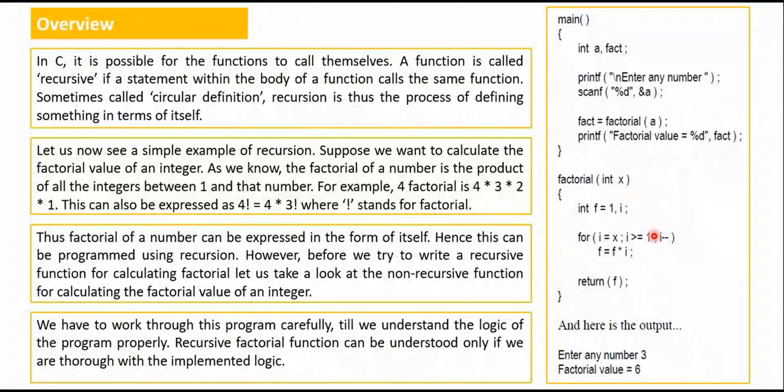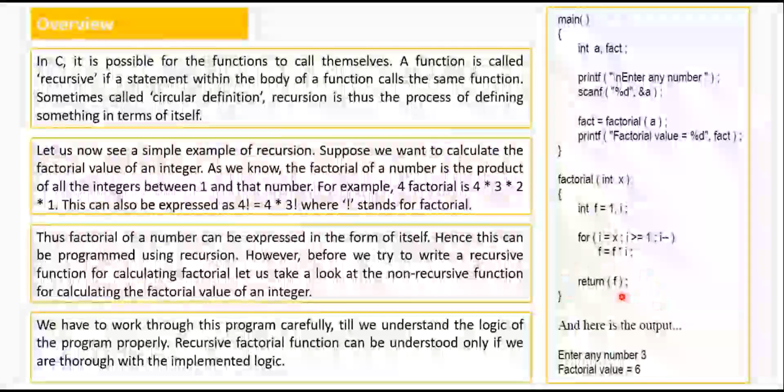Within the loop it multiplies all the integers from the number down to 1. As you can see, the factorial of a number is the product of all the integers between 1 and that number. In the end, the factorial is stored in f and this f value is returned. I hope this functionality is clear.